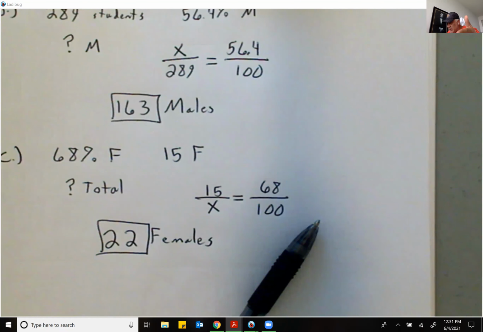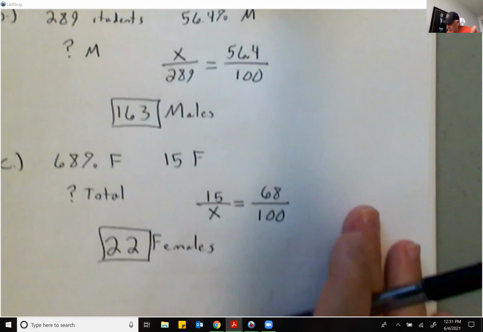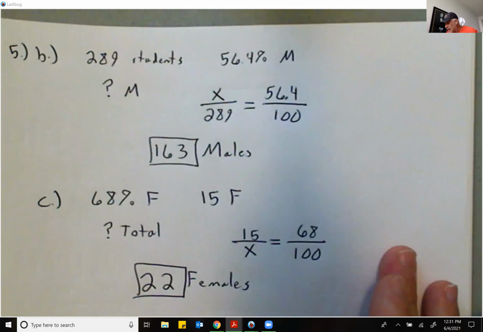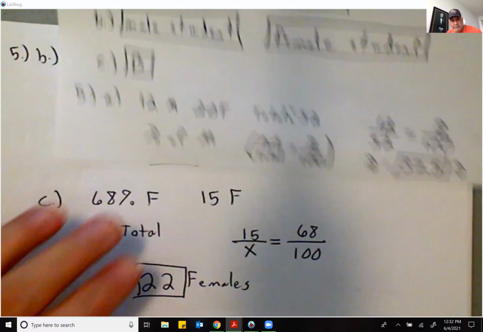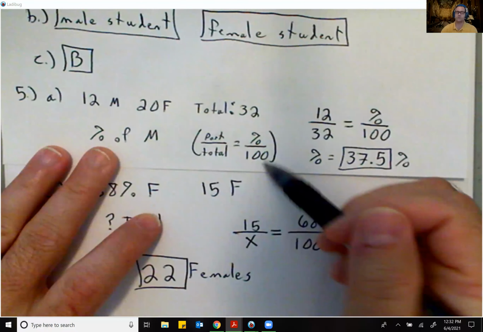For example, on the previous ones on the B, if we cross multiply, it's 56.4 over 100, or X divided into 289, and then you cross multiply. In this instance, the 15 was on top and the X was at the bottom. So remember that when we set up these kinds of proportions, it's always a part to the total.